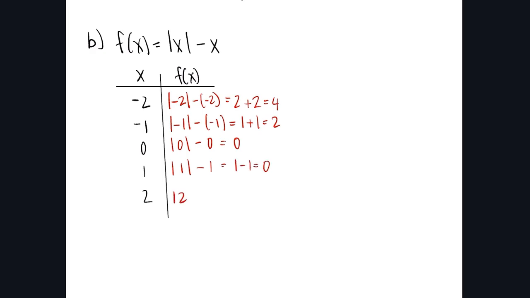Absolute value of 2 minus 2 is 0. So no matter what positive number we plug in, what is the answer always going to be? 0. So when I graph this, with the negative x's, the y values are going to change.